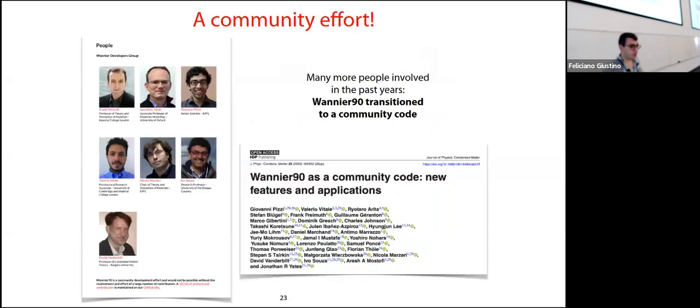This was an effort started almost 30 years ago by Nicola Marzari here, and David Vanderbilt, and then Ivo Souza, and after that, Arash Mostofi, Jonathan Yates, Giovanni Pizzi, and others. But I think today this is more a community effort. If you look at the latest article discussing the features of Wannier90, you see there's a long list of authors. In fact, over the last few years, the code has transitioned to a community code.